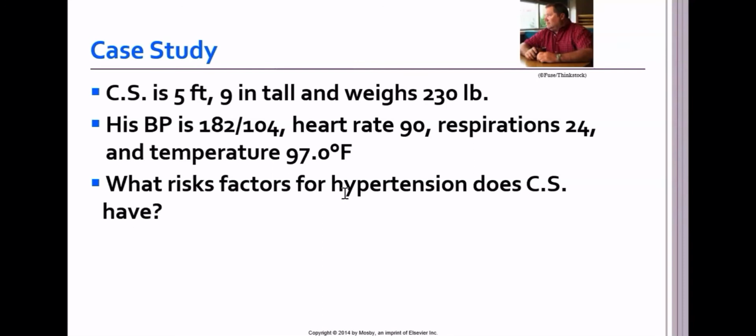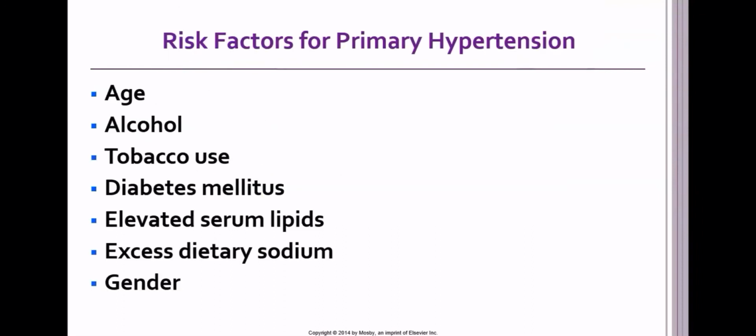So again, we've already addressed this and we'll be talking about this a little bit more, but the risk factors for CS in this case study would be obesity, tobacco use, stress, gender, excess dietary sodium, and sedentary lifestyle. So I am going to pause here and I will return and we can discuss the risk factors for primary hypertension.